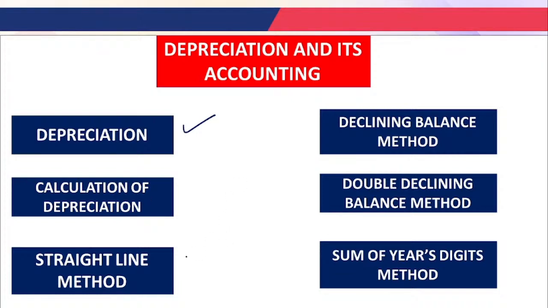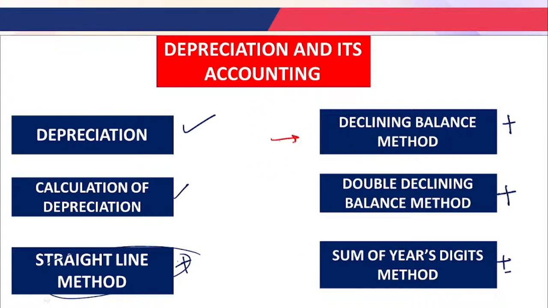These are the different methods: the straight line method, declining balance method, double declining balance method, and sum of years digit method. You just have to know how we calculate depreciation. So this is all about the depreciation chapter.